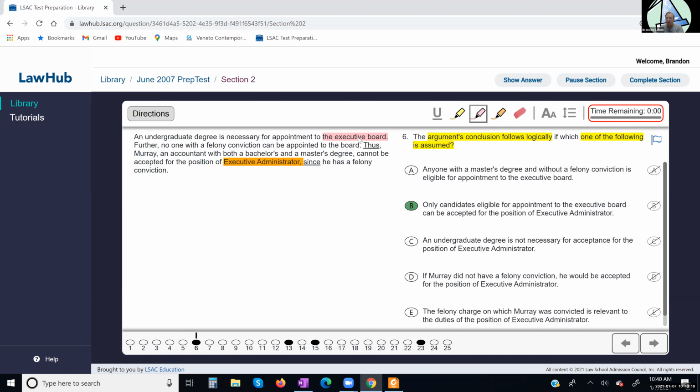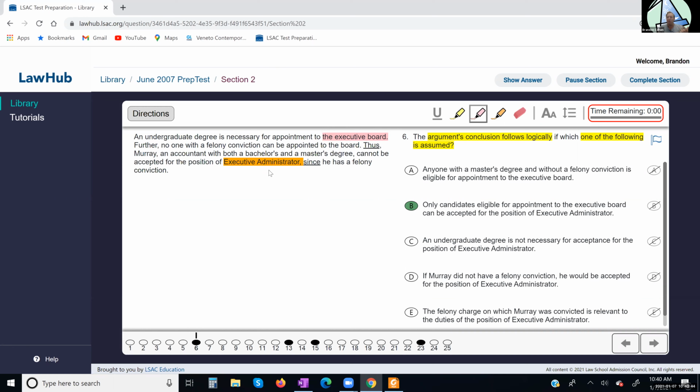That what's true of pink is true of orange, or vice versa, that the standards are the same. That's what they're insinuating. We know if we did follow the evidence, Murray has a felony, which means he cannot be appointed to the board. And then they're saying, thus, he cannot be appointed to the executive administrator. So the idea is if you are not allowed on the board, then you're not allowed on the administrator. And we also do want to get that direction.